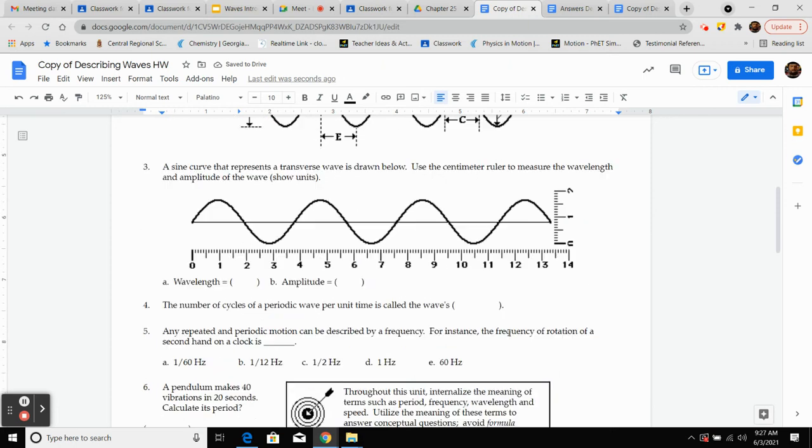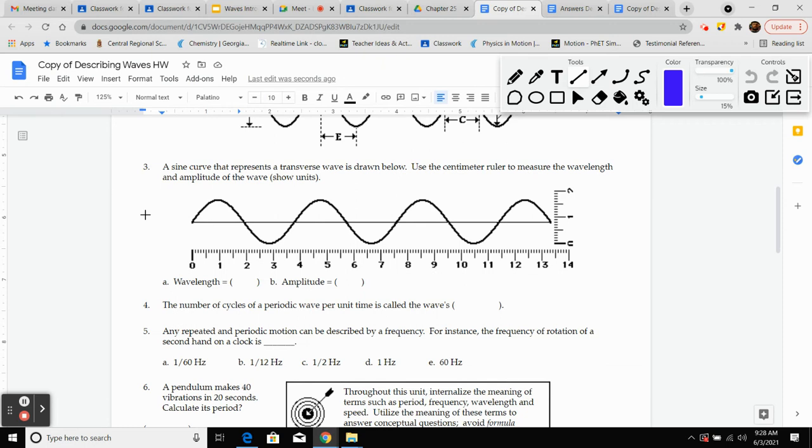Okay. So this one is a little bit of a funky doodle, but they want us to measure wavelength here. So if we start here, not at a crest, normally we could, but then we're not at the starting point. It's a pain in the butt to measure. So if we start here at 0, the next is the second time it crosses.